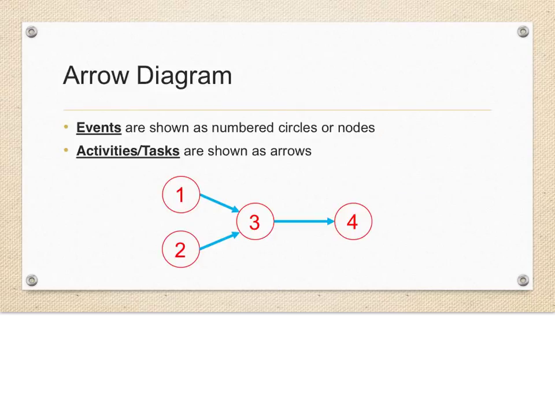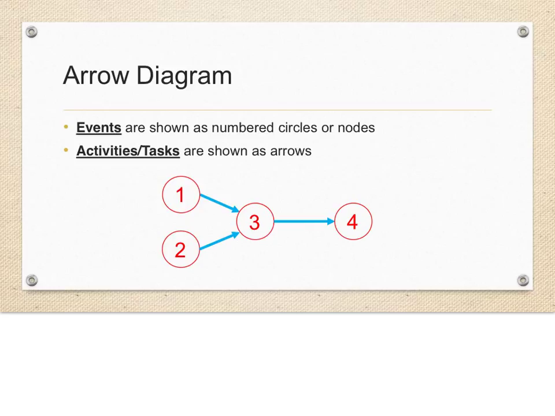This is where the arrow diagram becomes helpful. An arrow diagram simply looks at a project as a combination of two things: events, which are shown as numbered circles or nodes, and activities, which are shown as arrows.